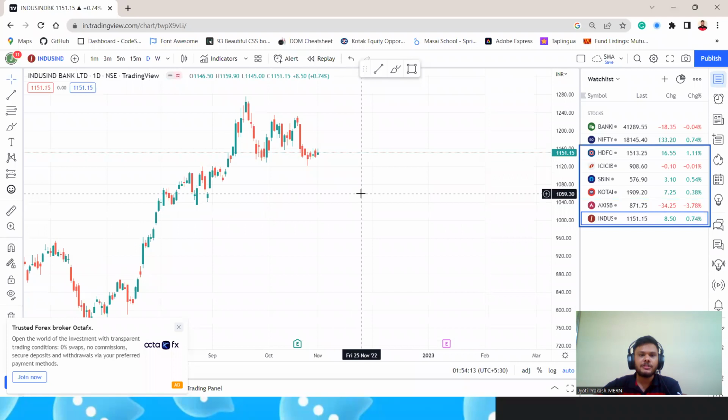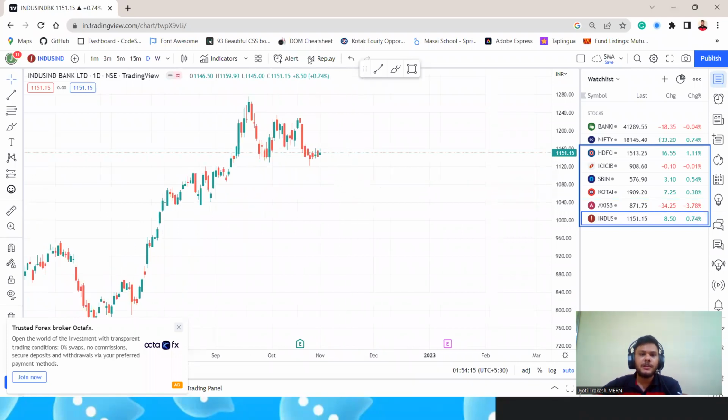Now let's look into our last bank, which is IndusInd Bank. IndusInd Bank has continuously traded around its support level for almost 6 to 7 days. Today it made a high of around 1160, but it did not close above that.